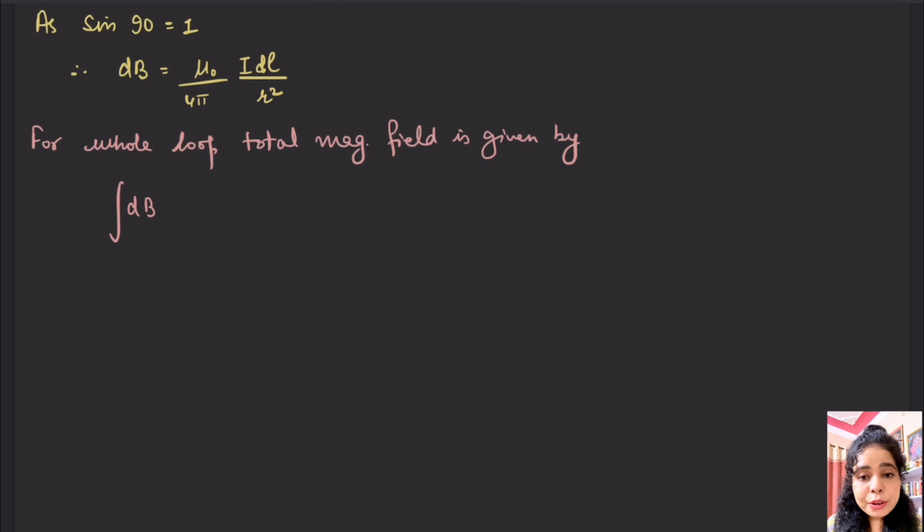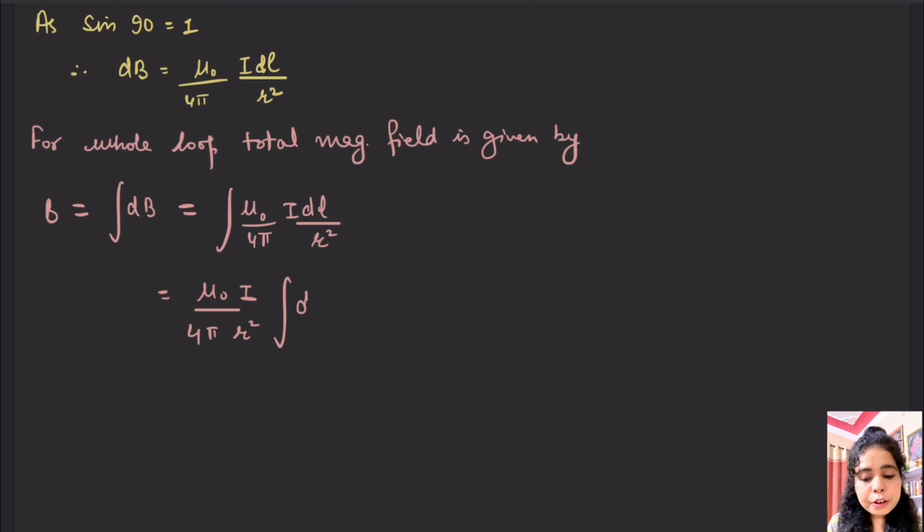By integrating, we mean we are adding up the magnetic field produced by all the small portions. So the total magnetic field B is equal to integral of dB, which is equal to integral of mu naught upon 4 pi Idl upon r square. Mu naught upon 4 pi can be taken out of the integral, being constant, and also a constant current is flowing through the loop. Therefore I upon r square is also taken out, and we are left with integral dl.